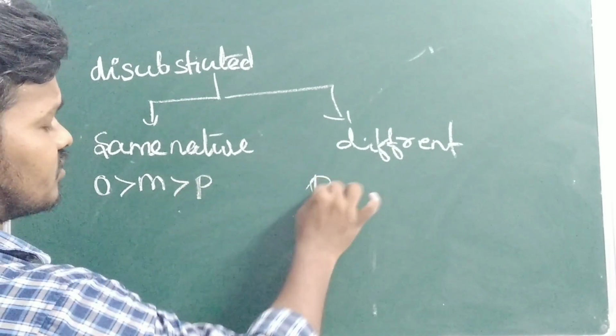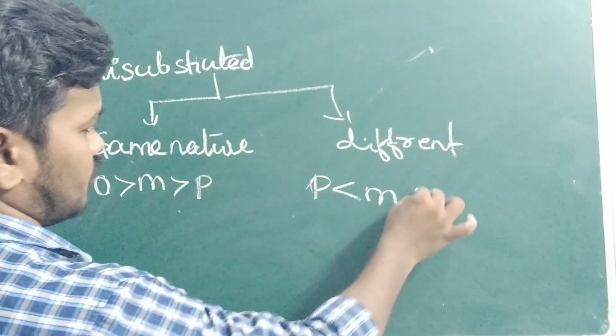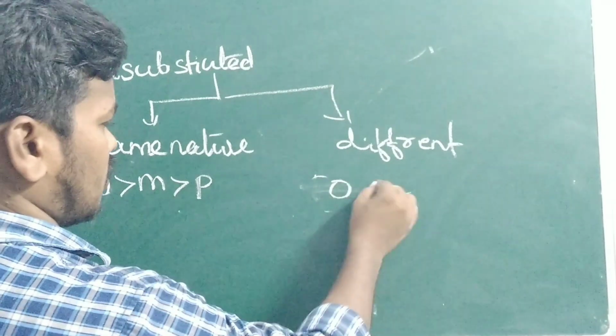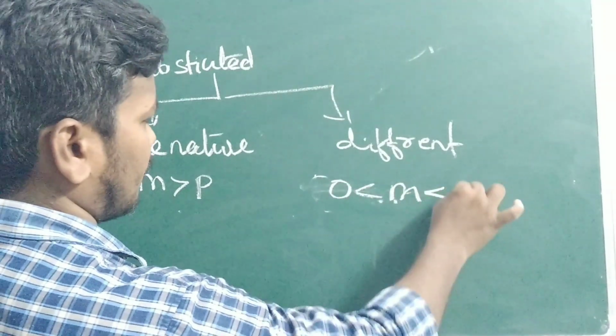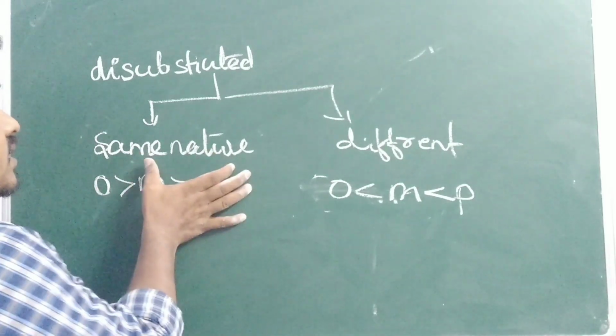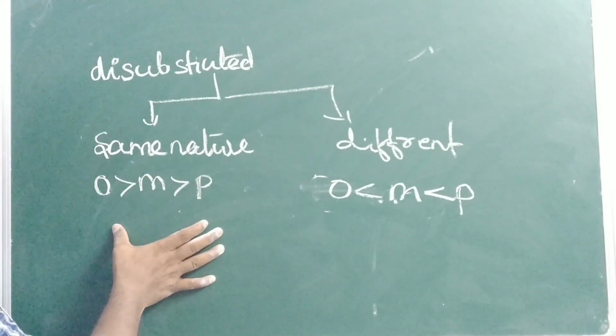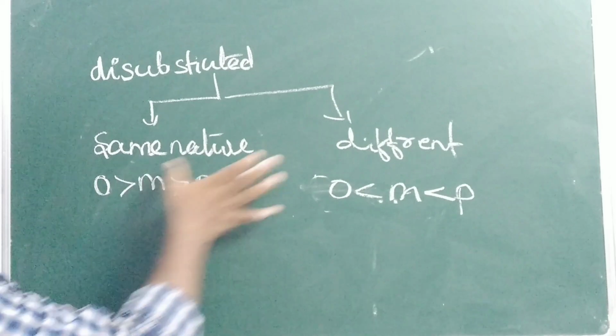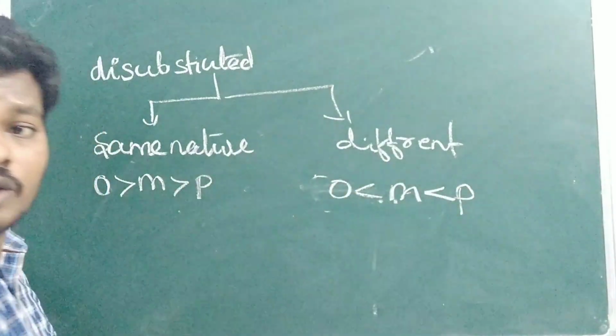Here it is a different case, para; here it is the opposite case. You have to remember that the substitution groups can be the same or different. You can go with one.